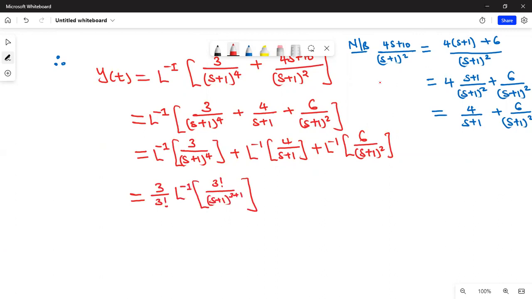What about the other one? s plus 1, of course, it is just raised to 1, so I'll just factor out 4 outside, then L inverse of 1 over (s plus 1).